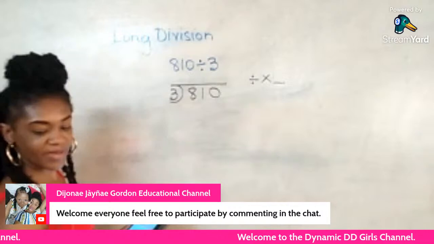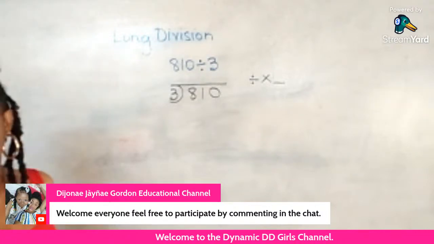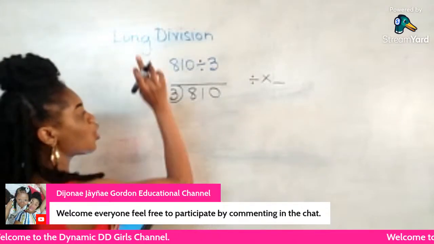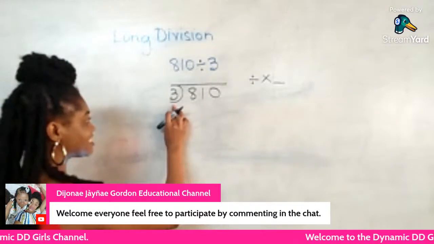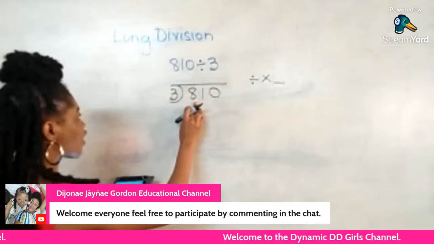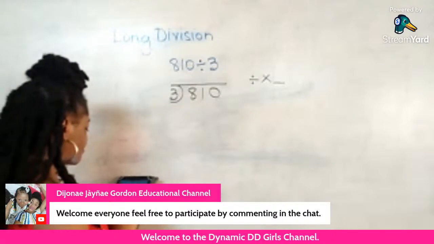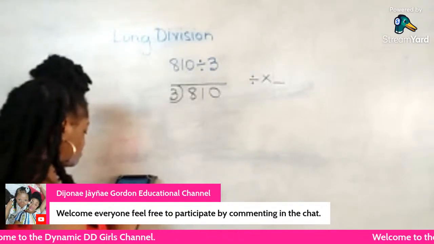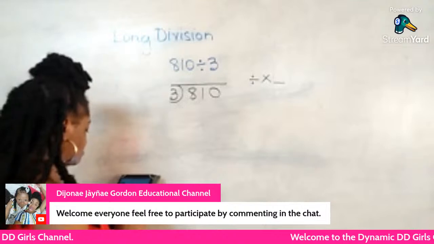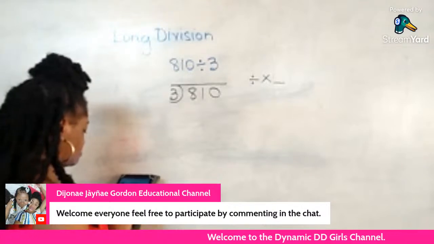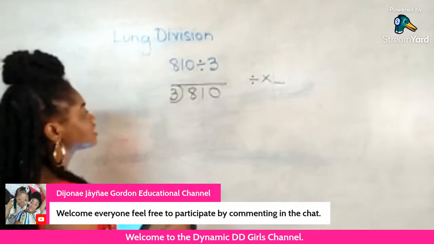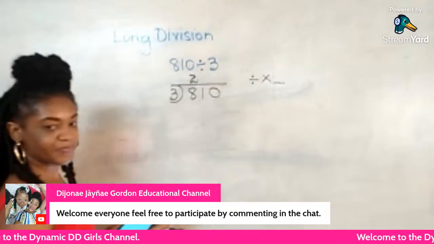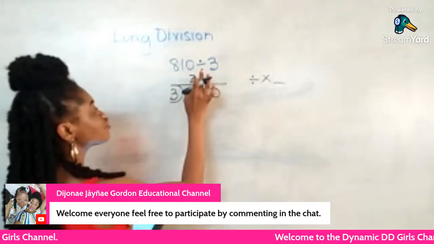All right, but we have to follow steps. So first you have to say to yourself, how many groups of 3s can you get from 8? All right, so we can only get 2 groups of 3.